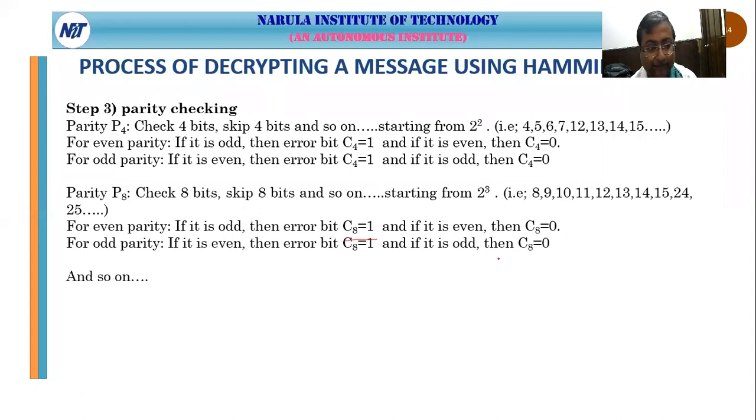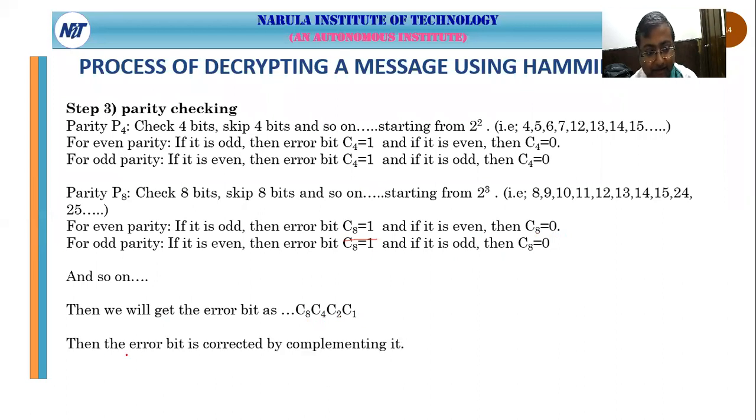So now the error code should be C8, C4, C2 and C1. Then the error bit is corrected by complementing it. Suppose C8 is 1, C4 is 0, C2 is 1, C1 is 0 by checking the even parity.